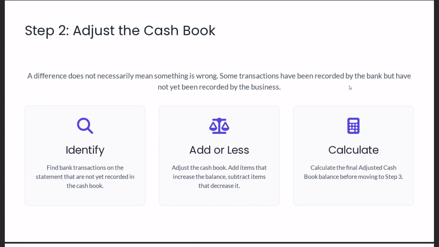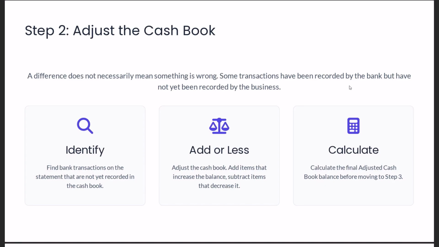Now, these are 3 steps that are very helpful for you to adjust your cash book. If there is a difference, like the example that I showed you, if there's a difference in the cash book and the banking statement, it does not mean that something is wrong.